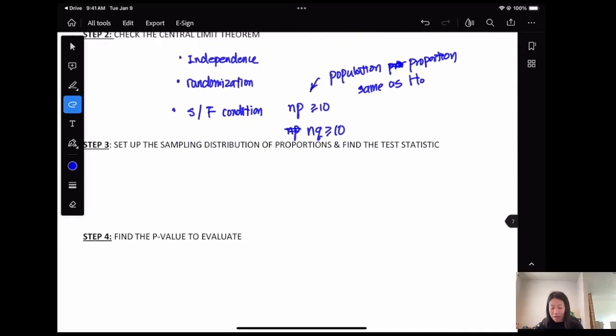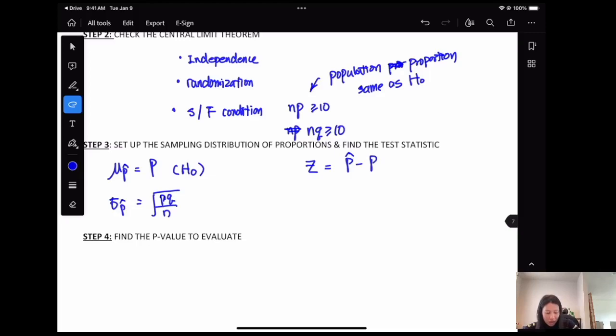Okay, third step is set up a sampling distribution of proportion and find the test statistic. So the sampling distribution mu p hat is equal to the same one that you got from the null hypothesis, and sigma p hat is equal to the square root of p times q over n. That's the sampling distribution of proportion, and the z-score, which is the test statistic, equals p hat, which is the sample proportion, subtracting the null hypothesis proportion, divided by the square root of p q over n.